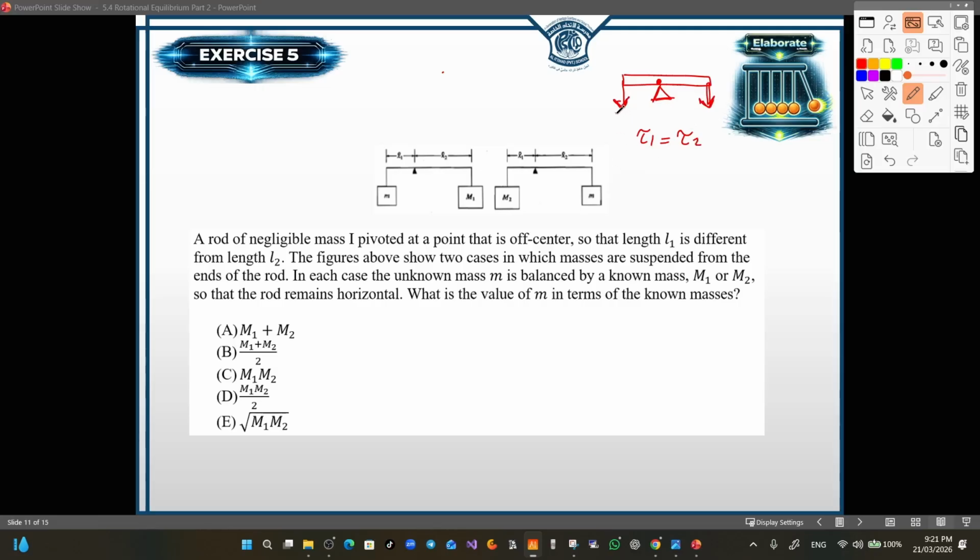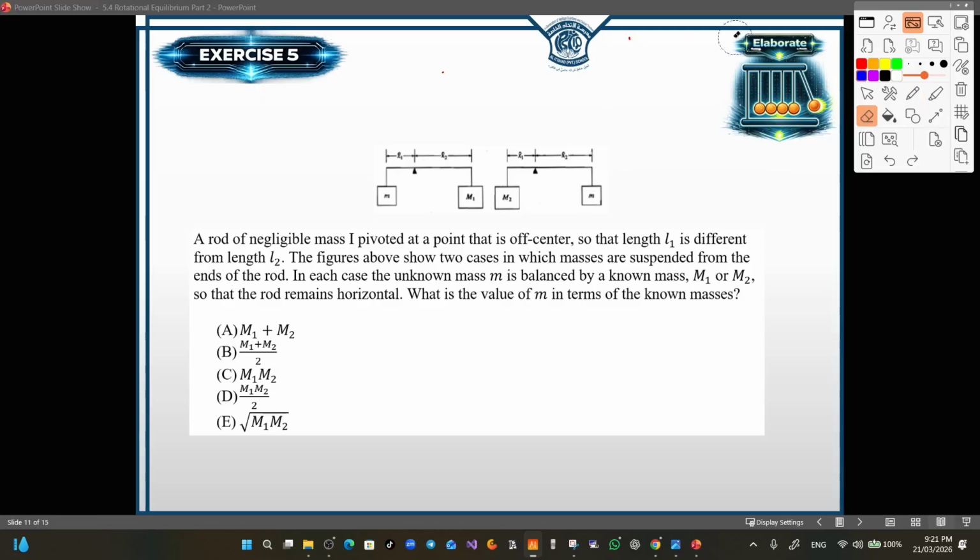So no need to evaluate the sign or the angle here, because the two torques are equal, and they can be written as, if this is d1 and this is d2, tau1 equals f1 d1, and tau2 equals f2 d2.